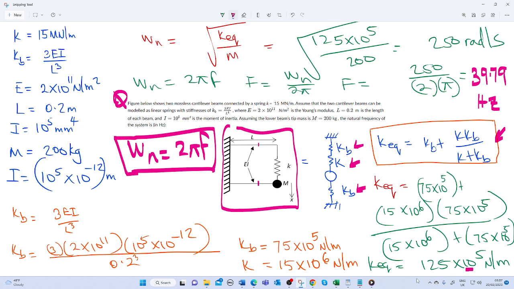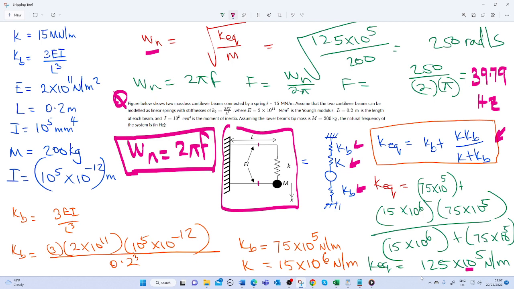5 Newton per meter. So by using the formula of natural frequency, Wn equals the root of Ke equivalent over m. Our Ke equals 125 times 10 to the power 5 over the mass of the beam tip, which is 200 kilogram.